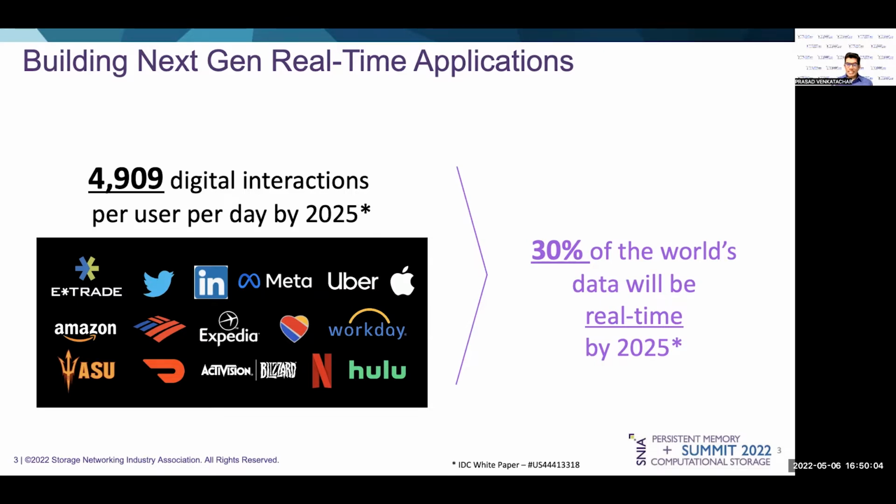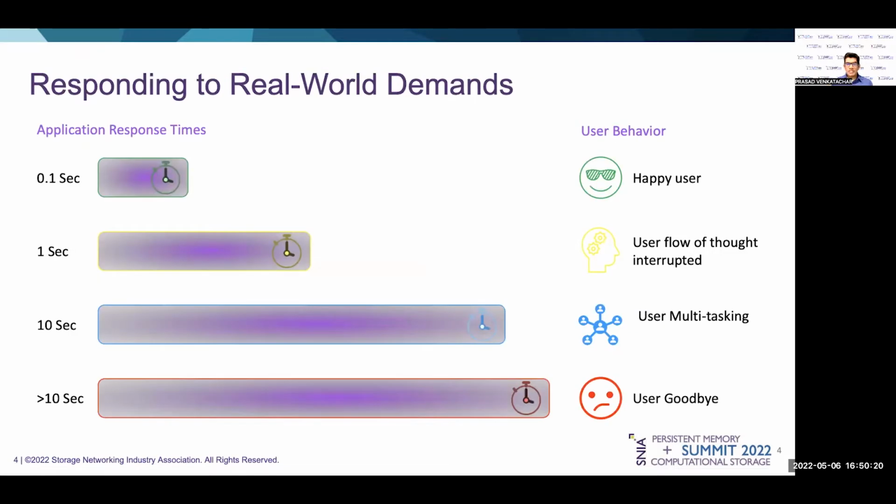All these digital interactions are profoundly changing the shape of the business today and impacting companies in every industry. According to IDC, 30% of the data will be real time by 2025. So how do enterprises start building their apps, whether for B2C or B2B, to respond to real-world demands?